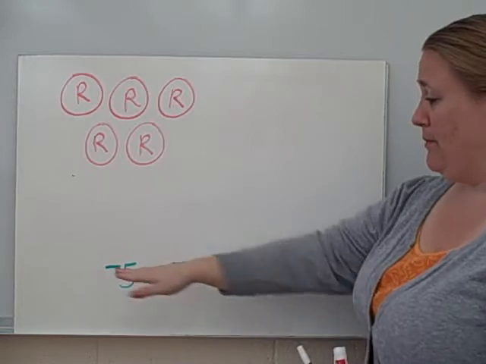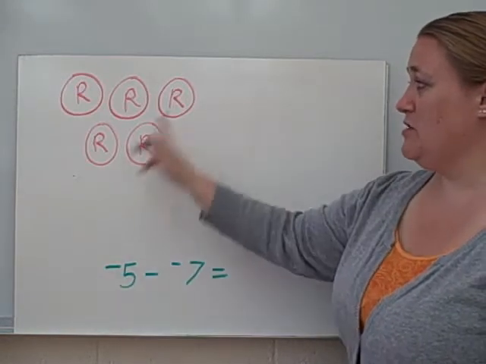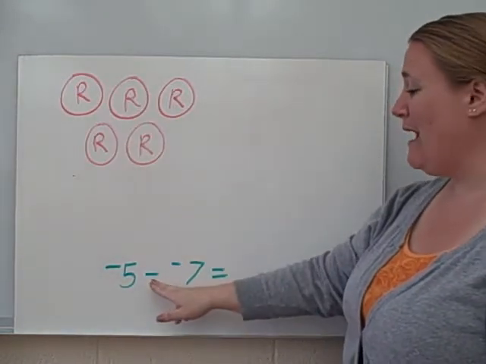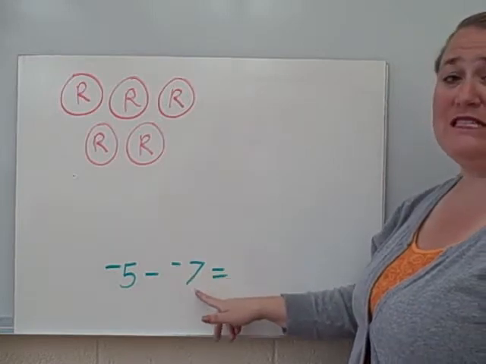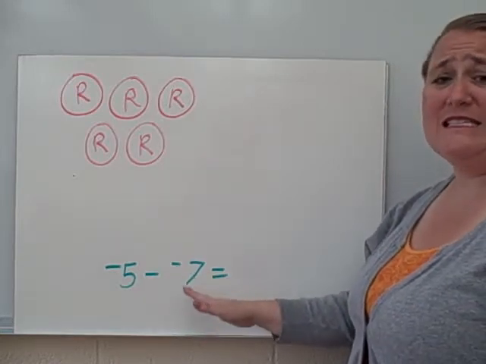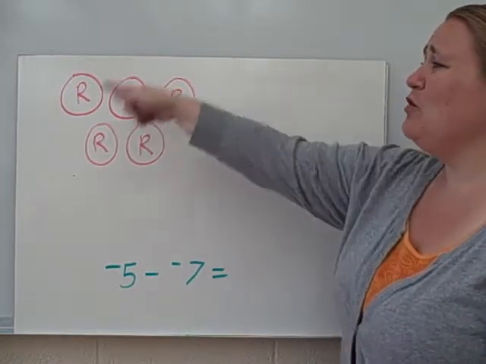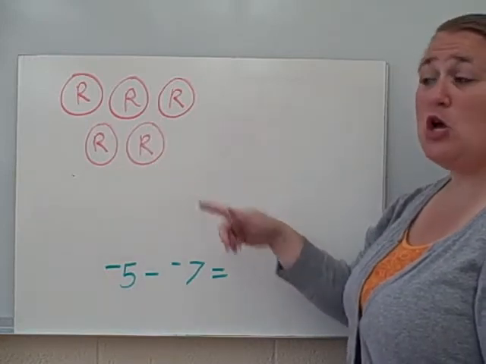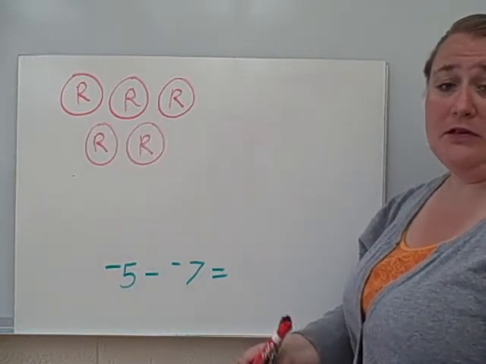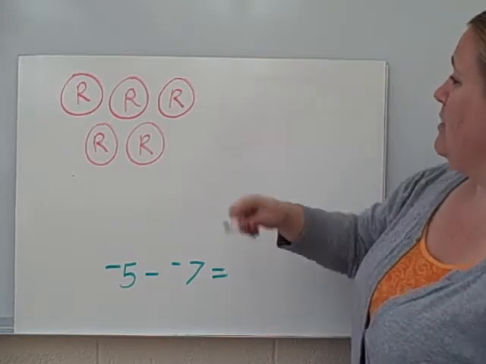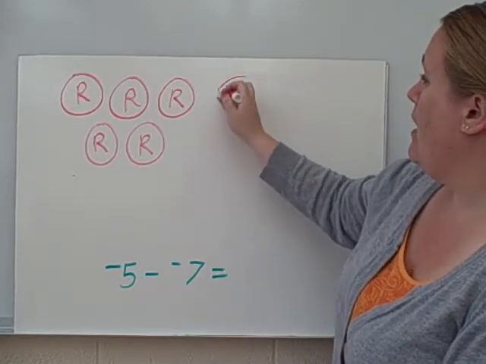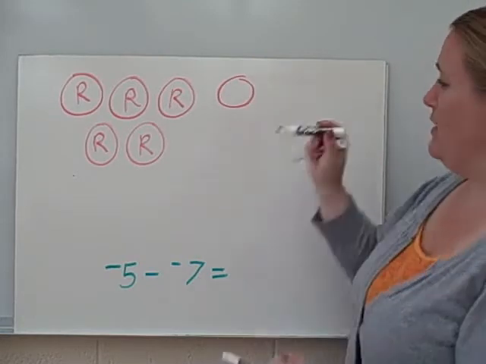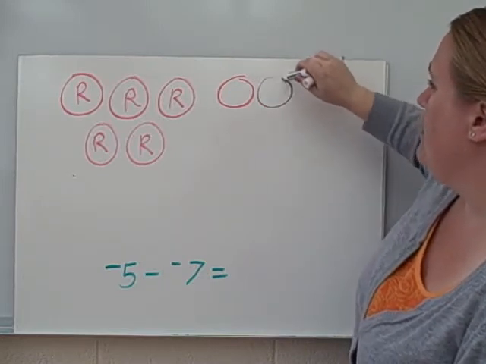So in this problem, I have negative 5, so 5 red chips, minus a negative 7. So I'm trying to take 7 negatives away. Well, I don't have 7 red chips, so I use my zero pair. Now, in my zero pair, remember, it's a black and a red.